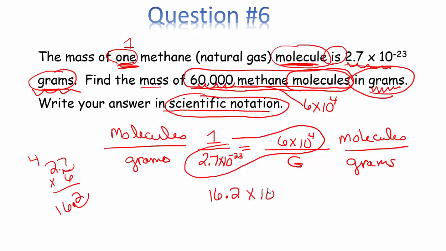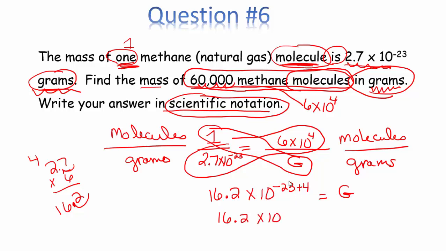Move my decimal point over 1 place. 16.2 times 10 to the, what do we do when we're multiplying? Oh, we add those exponents. So it's negative 23 plus 4. What's 1 times G? 1 times G is just G, so that'll give me the number of grams. So that's 16.2 times 10 to the negative 23 plus 4.